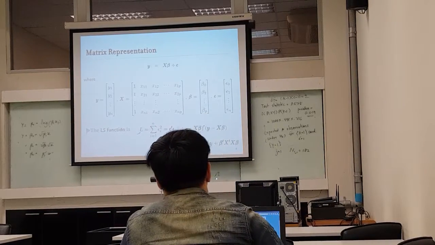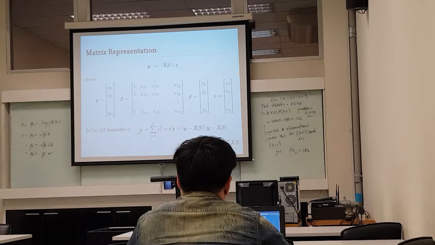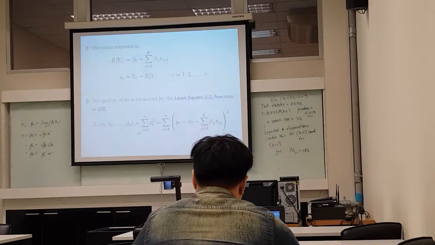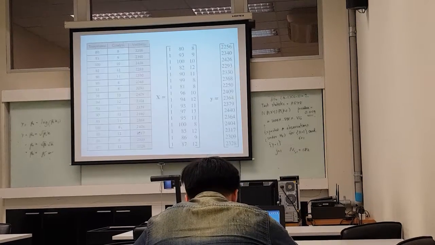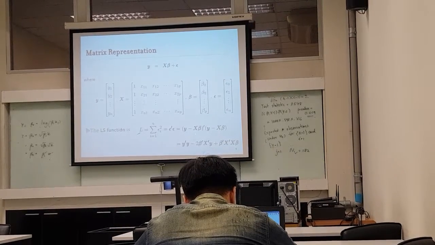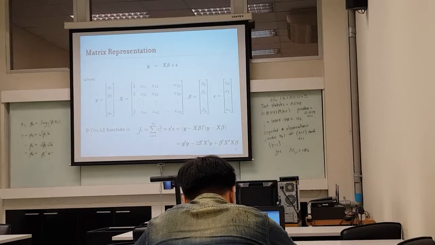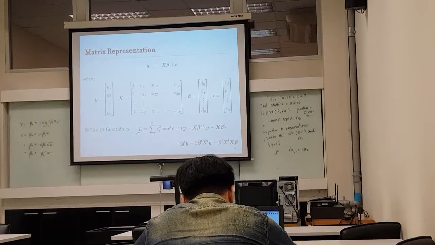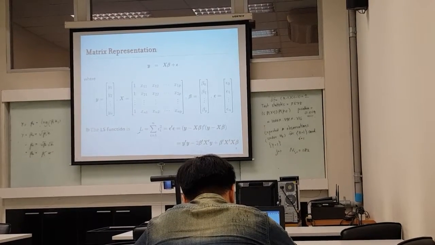So your least square function L, the sum of square error, can be written like this, using the matrix representation. This notation is a transpose.